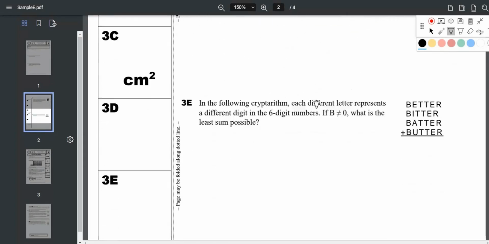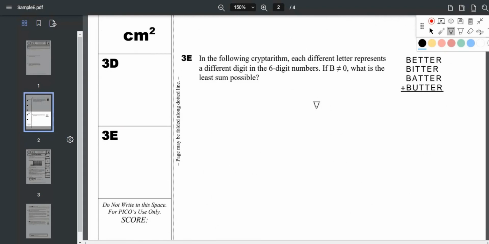The last question is about the cryptarithm. Crypto and arithmetic together is called cryptarithm. Crypt means the alphabets will be an arithmetic, like numbers, those counting numbers 0, 1, 2, 3, 4. Okay, so each letter represents a digit in a 6-digit number.